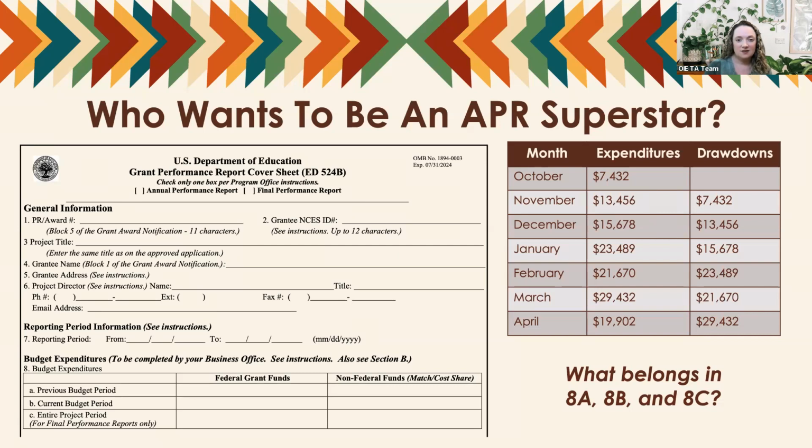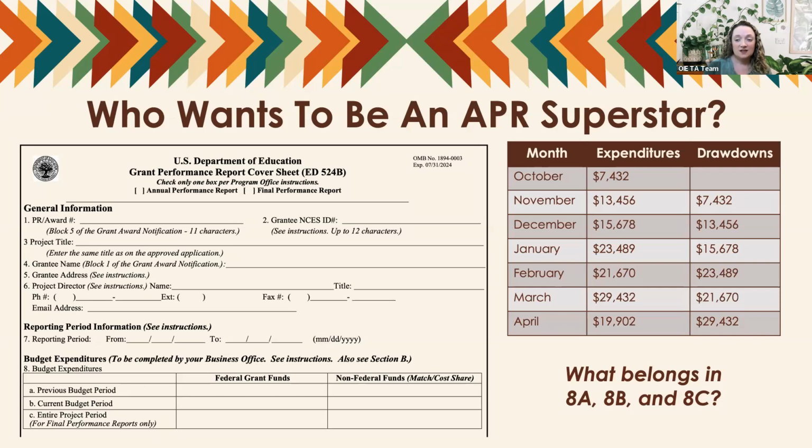All right, so let me share your responses and we'll see. So on 8A, we were a little torn. We had some folks saying total expenditures from the last grant year, total drawdowns from the last grant year, total expenditures from this reporting period.